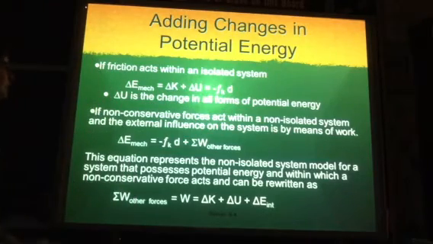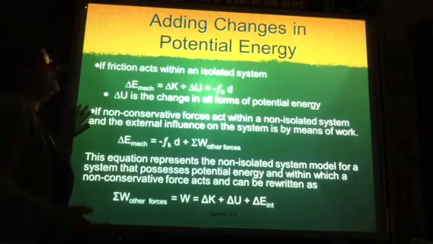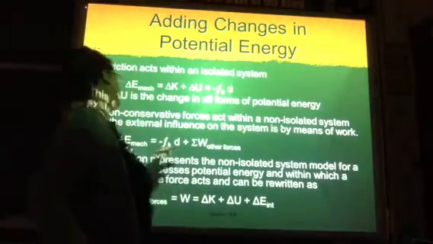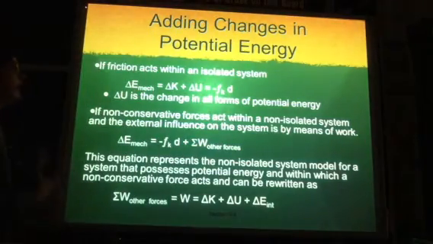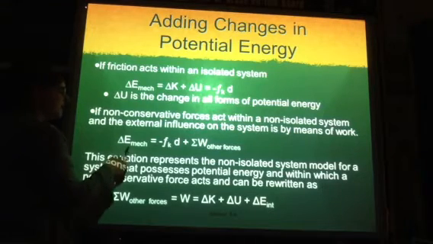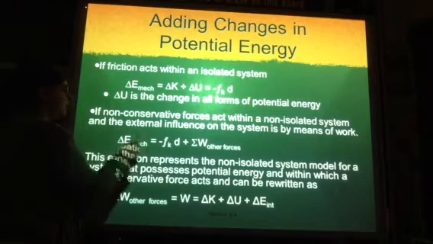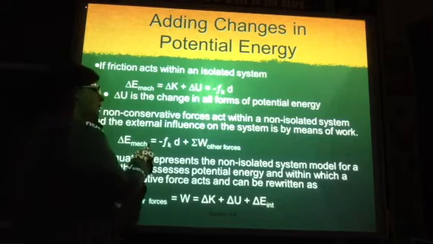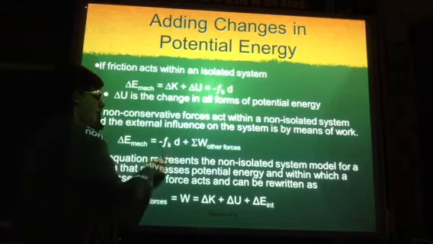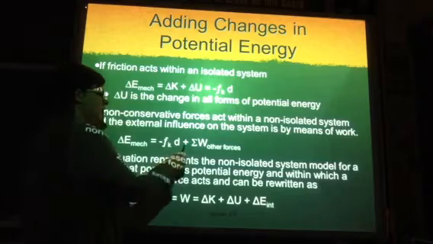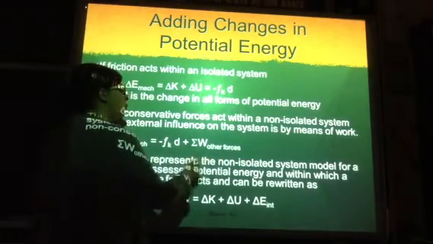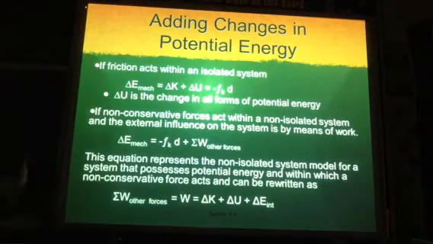But we can also say that for an isolated system, it can equal the negative work done by friction. So what happens if we have non-conservative forces like friction acting in a non-isolated system? If we have friction acting in a non-isolated system, then the change in mechanical energy is going to be equal to the negative work done by friction plus the sum of the work done by all of the other forces.